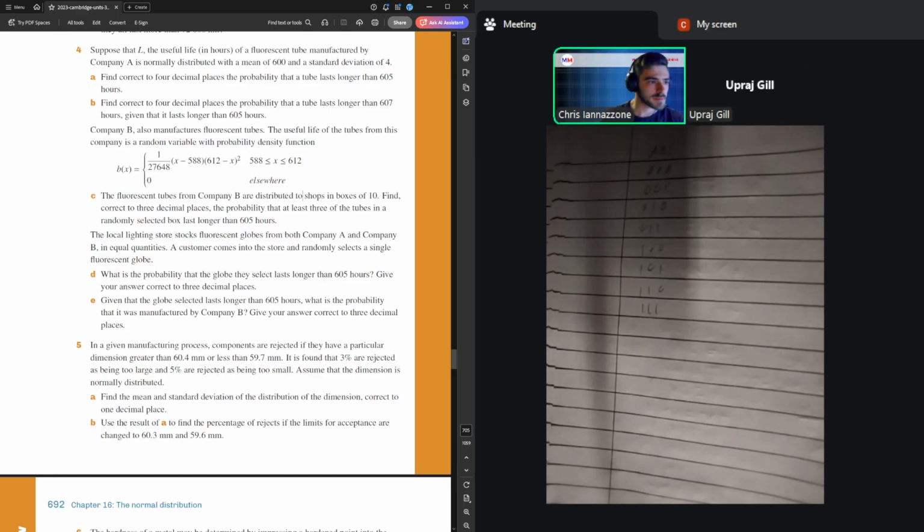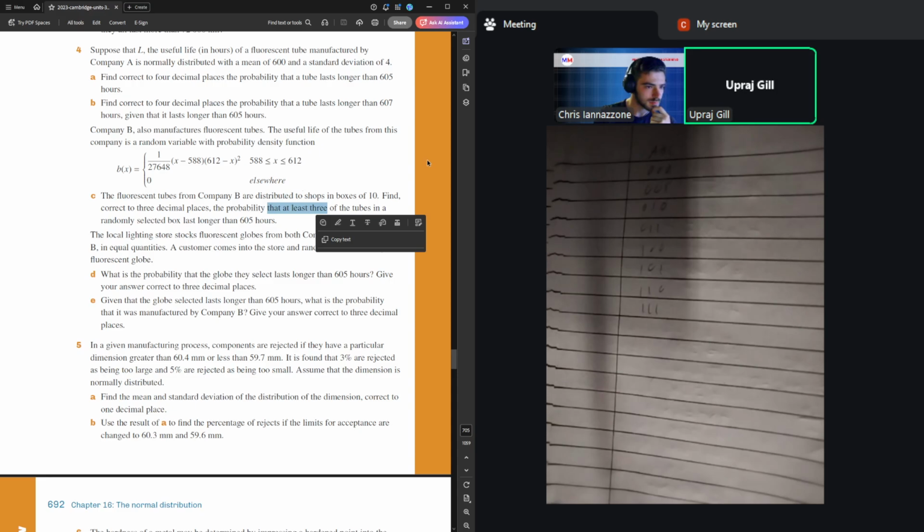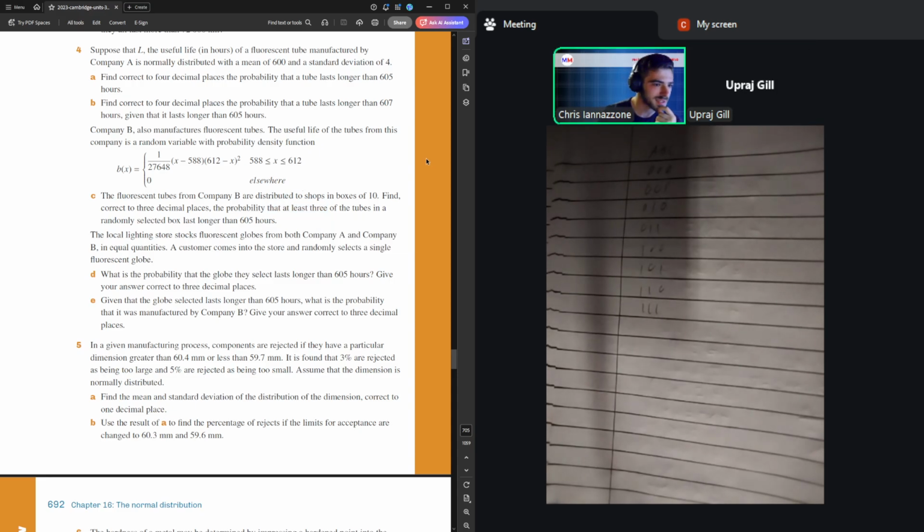Yeah, that's on the way to the answer. So that's the probability of one of them lasting more than 605, right? Yep. So then just want to raise that to the power of 3. Almost. Oh, never mind, Bernoulli sequence. Yeah, there you go.